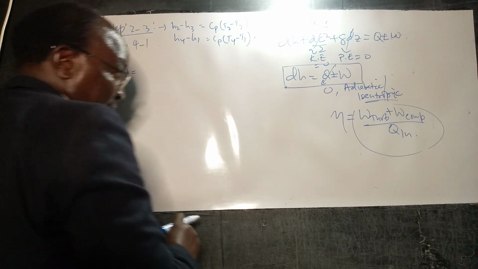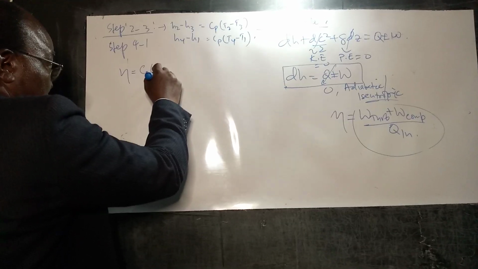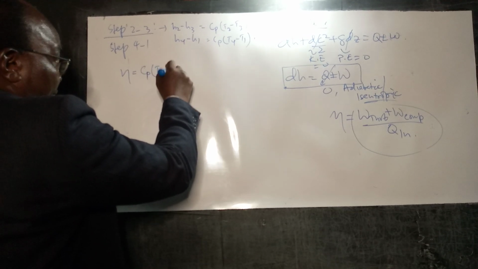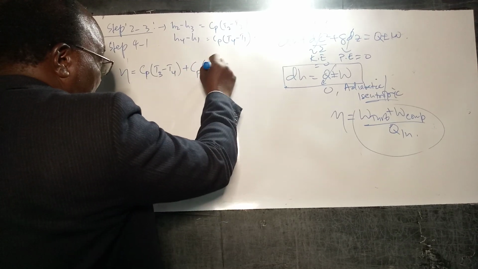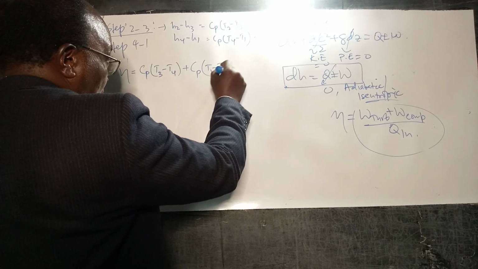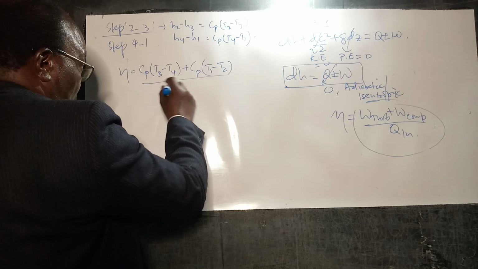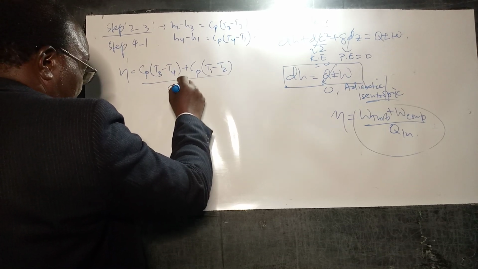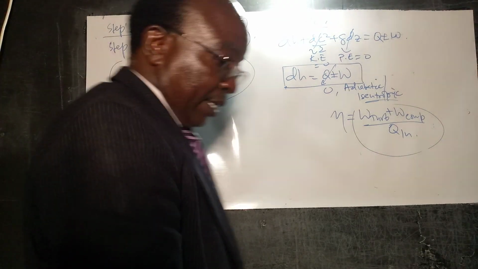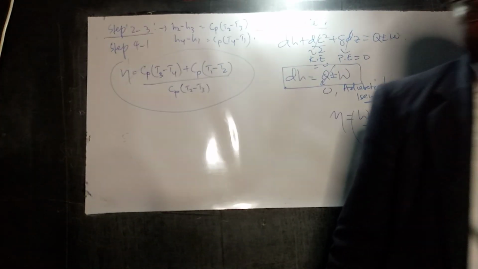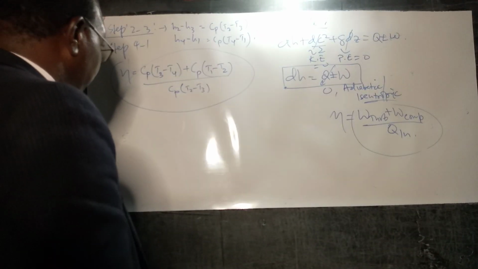For the turbine, we have Cp into (T3 minus T4) plus the compressor work Cp (T1 minus T2), divided by Q in, which is Cp into (T2 minus T3). So we are able to compute the efficiency of that particular system.